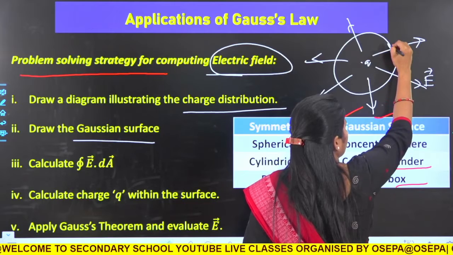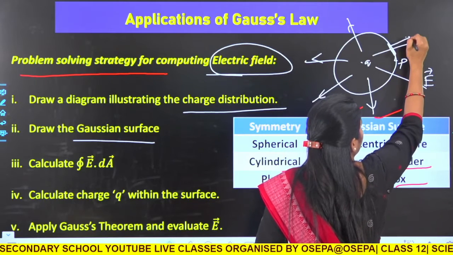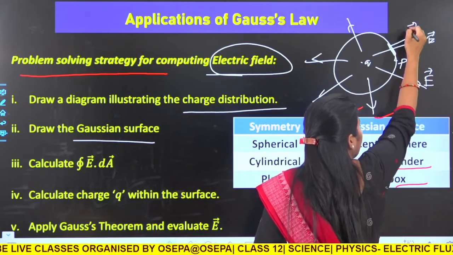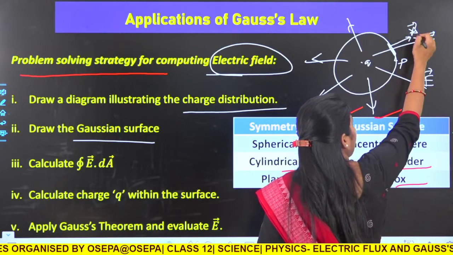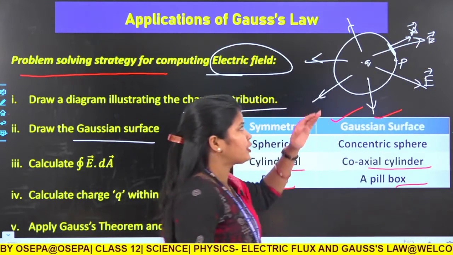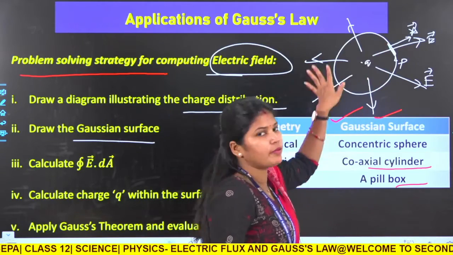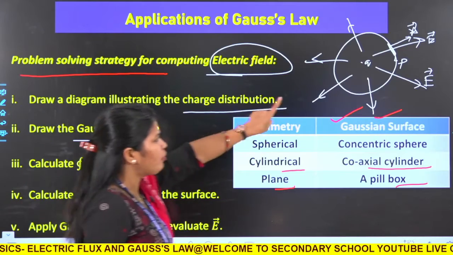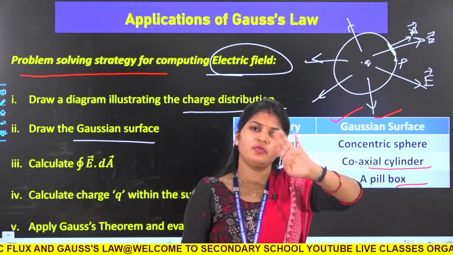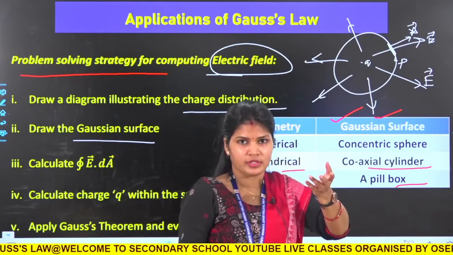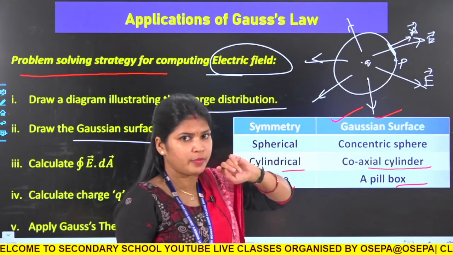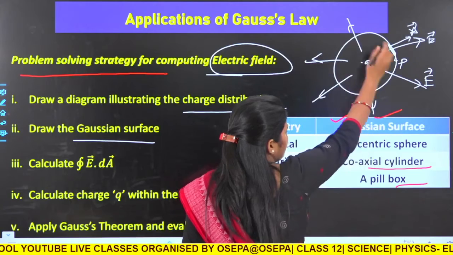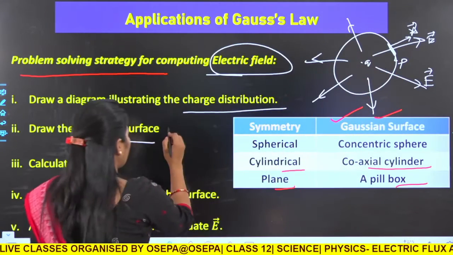Suppose this is the surface; this is the area vector and this is the electric field vector, and the angle between them should be the same at every point. The Gaussian surface may be one surface or a combination of many surfaces, such as a cylinder.